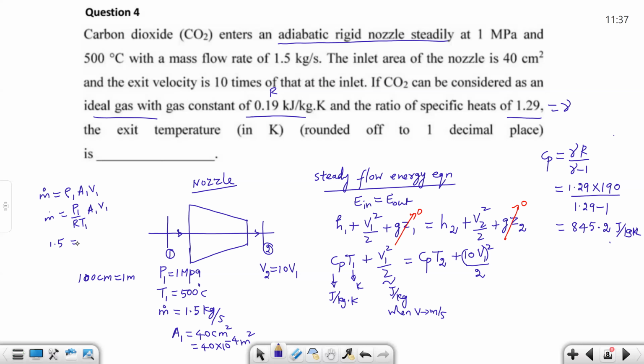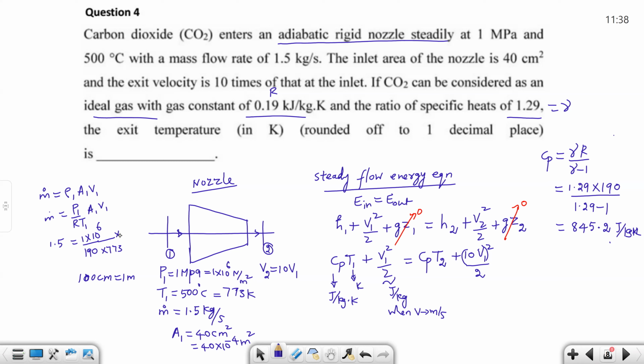P1 is 1 MPa, so 1 into 10 power 6 Pascal, which is Newton per meter squared, by R, and R you must substitute 190. Temperature must be in Kelvin: 500 plus 273 is 773 Kelvin.